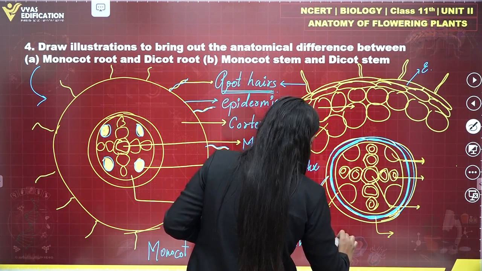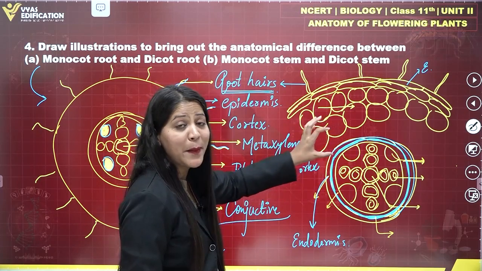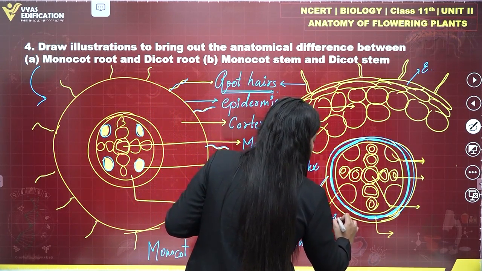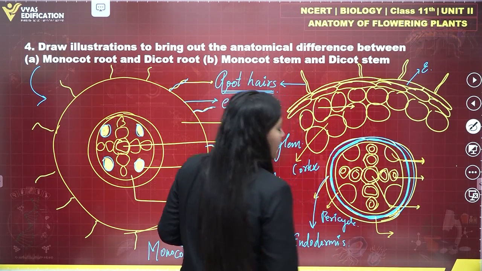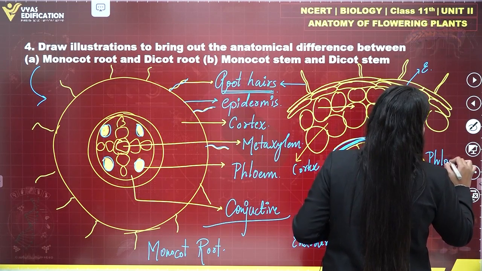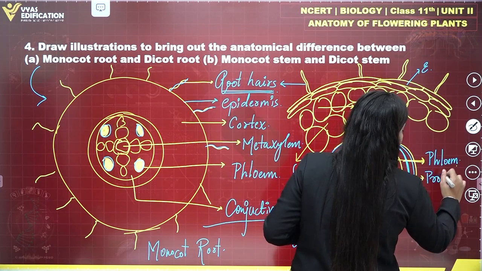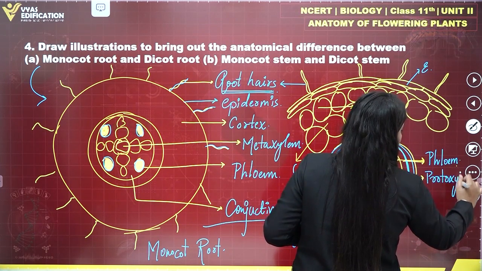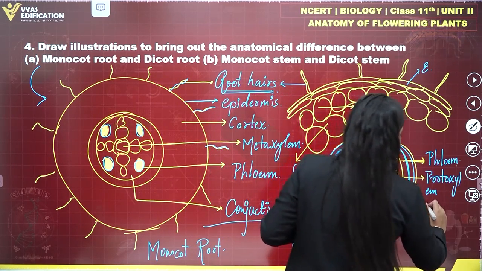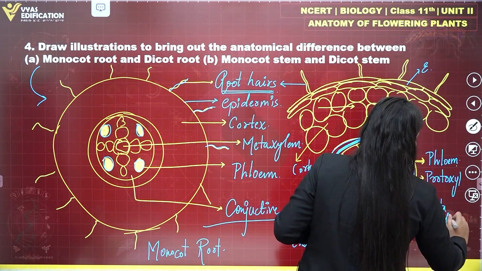Endodermis. Next to endodermis you will find another layer which is known as pericycle. So this is your pericycle, right? Now these are phloem, and this is your protoxylem. And the innermost one is representing metaxylem.